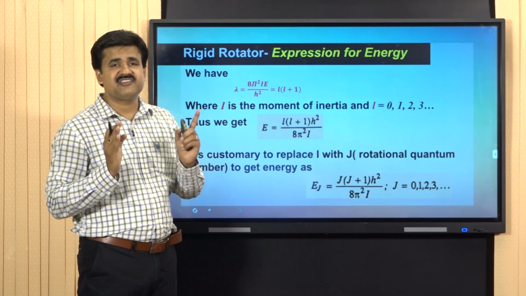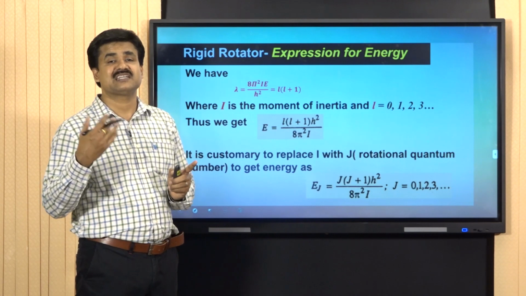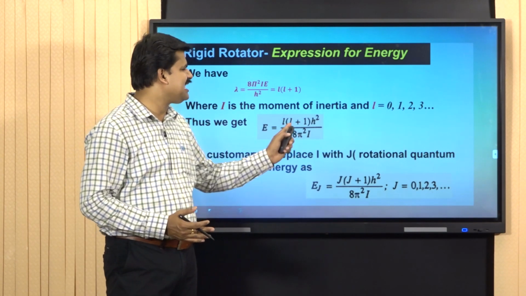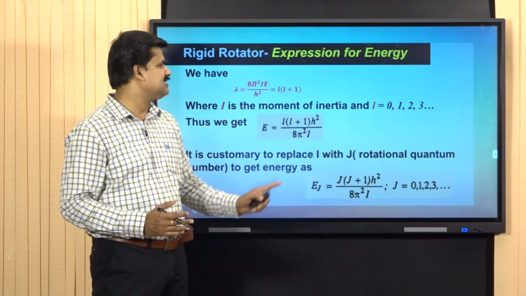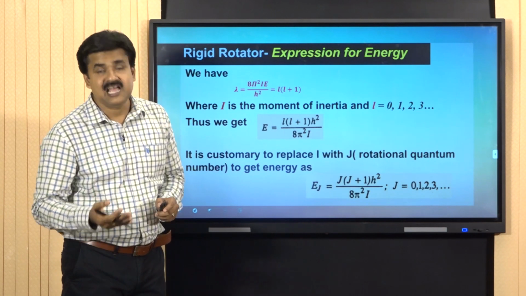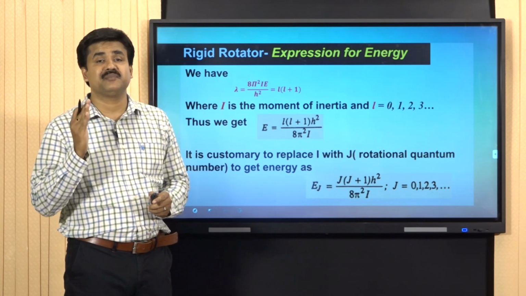But in this expression we have L. Whenever we discuss rotational spectroscopy and rotational aspects of the rigid rotator, it is customary to replace L with J, and J is termed the rotational quantum number.